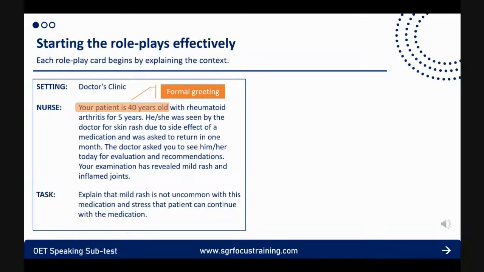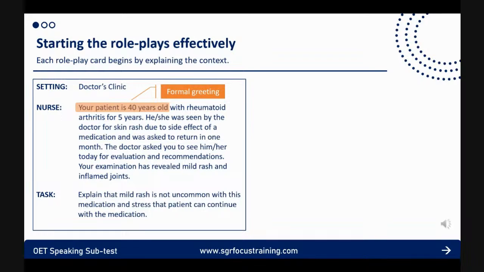And respectful, formal greeting basically means you are using the title and the last name of your patient. So you will say Miss Brown, Mrs. Brown, or Mr. Brown. We don't use the full name. You don't say Mrs. Sally Brown, Miss Sally Brown, or Mr. Robert Brown. We only use title and last name.